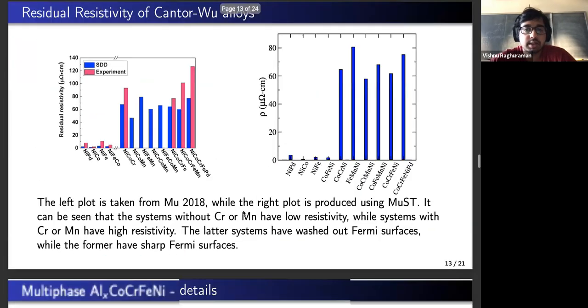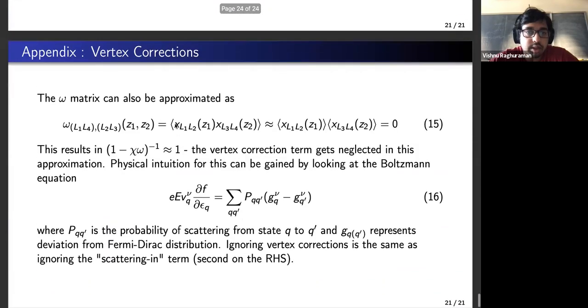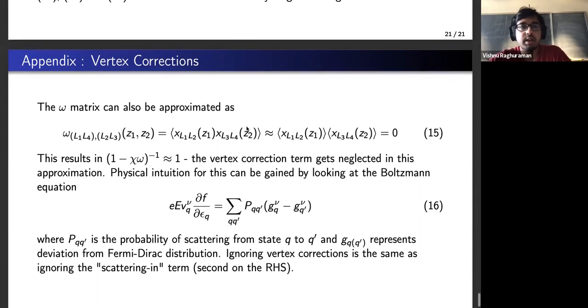If you approximate this average product as the product of the averages, then the average X matrix in single site CPA goes to 0, which is how you get your iteration scheme, which is how you get the CPA medium. So when you set this to 0, that is equivalent to ignoring vertex corrections. So mathematically, we can also see vertex corrections that way.